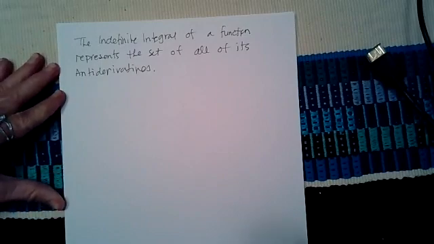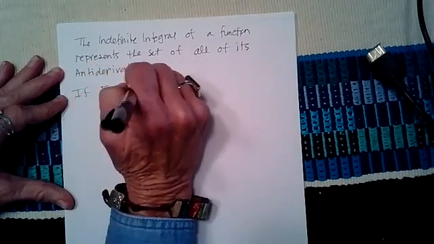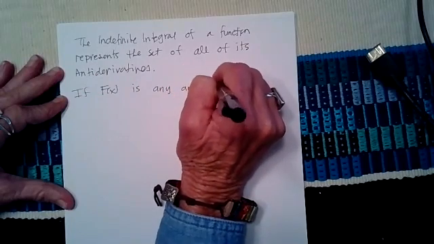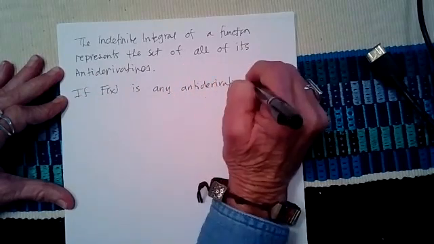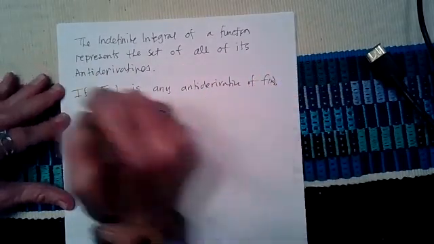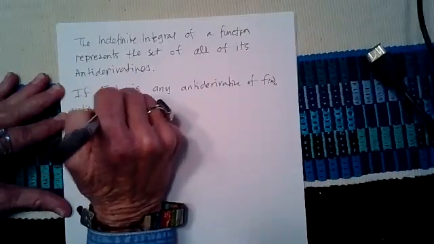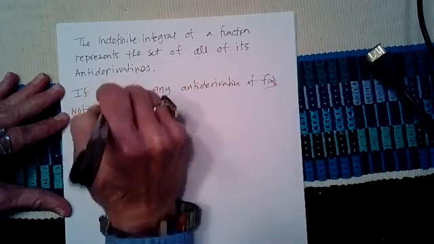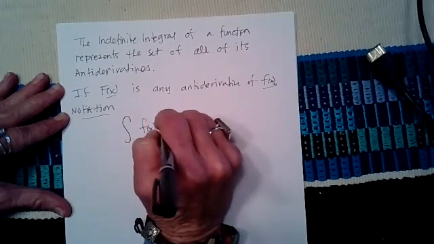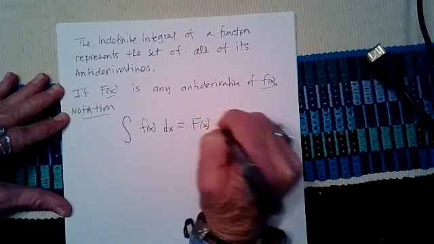So if capital F of X is any antiderivative of little f of X, the notation for finding the antiderivative, okay, will be this big S, f of X dx is the antiderivative plus C.